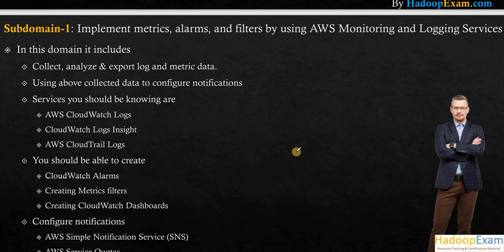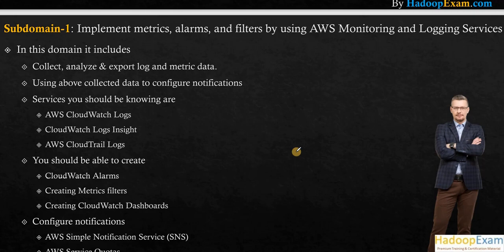When you use your services, each individual service has its own logging mechanism as well. But with these three services, you have externally managed logging. And then you create a metric on that, create an alarm on that. You can apply filters on that, and you can create a dashboard using that metric.